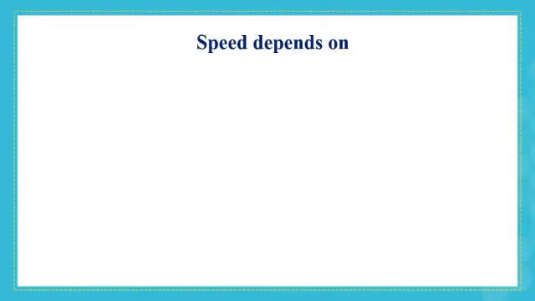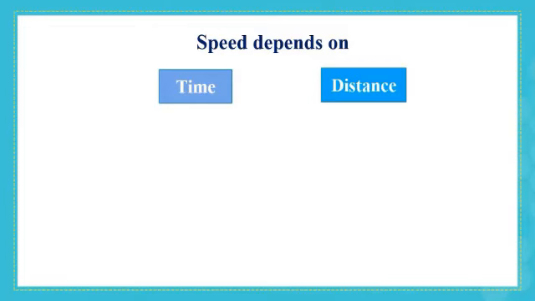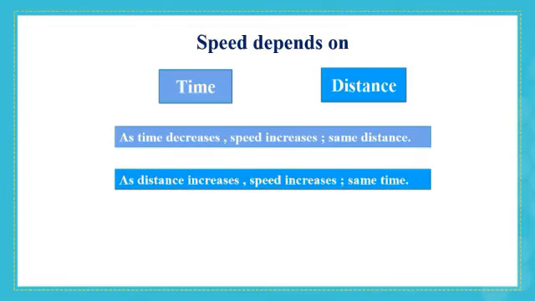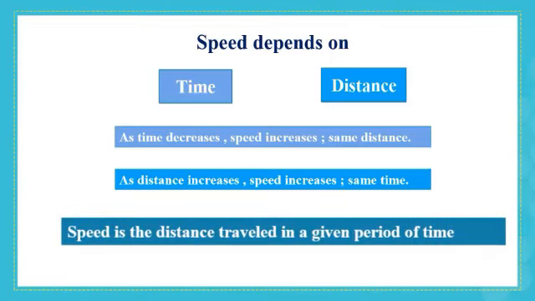As a conclusion, speed depends on 2 factors, which are time and distance. As time decreases, speed increases for the same distance. As distance increases, speed increases for the same time. Out from this, we can define speed as the distance traveled in a given period of time.